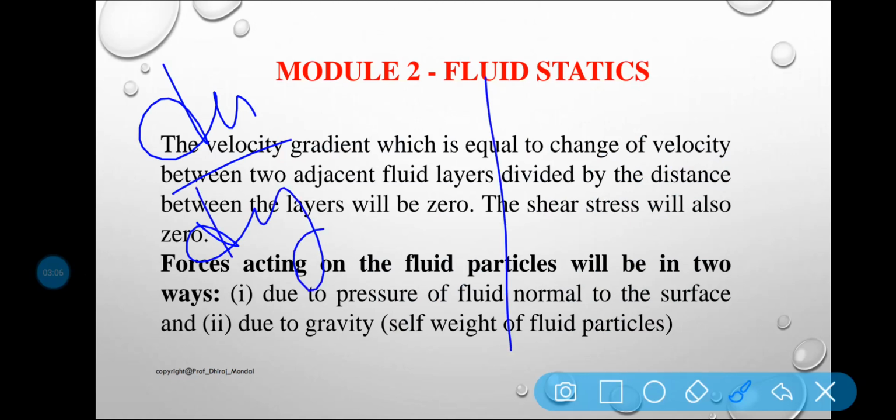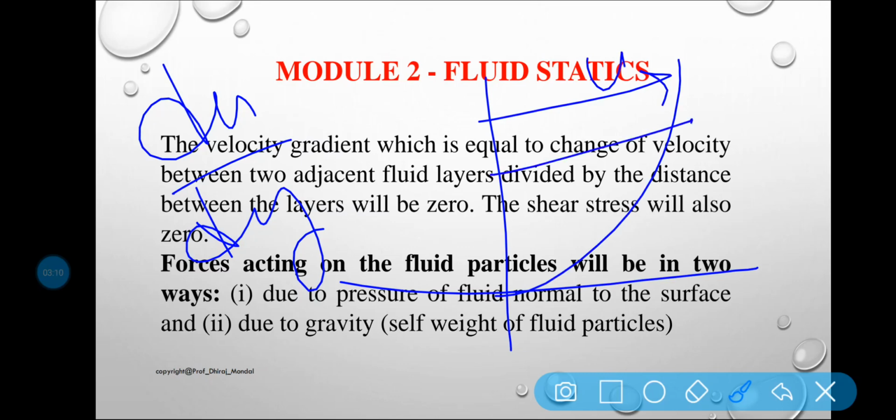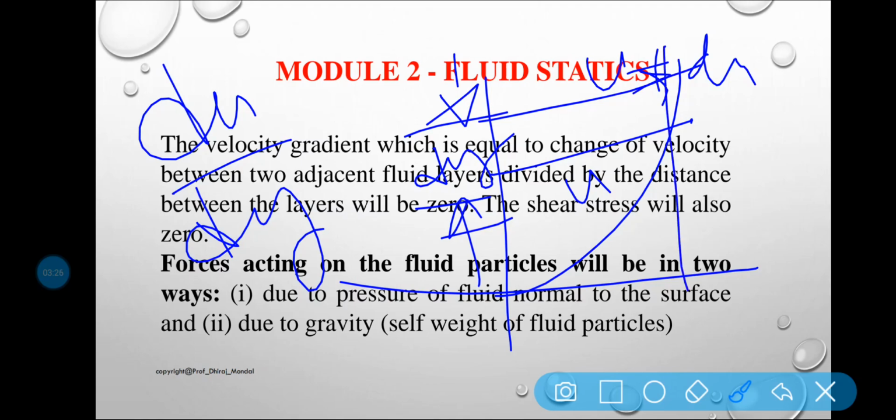Let us consider this is your velocity u, and u plus du, and this distance is dy. So the velocity gradient means how much change has occurred. Here you can see this is du.